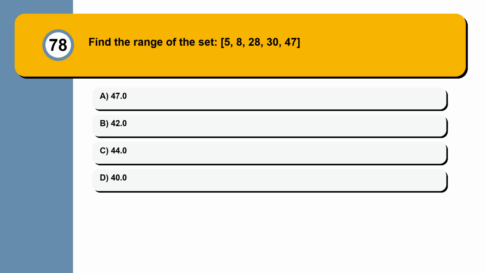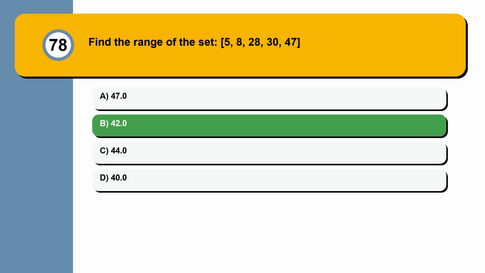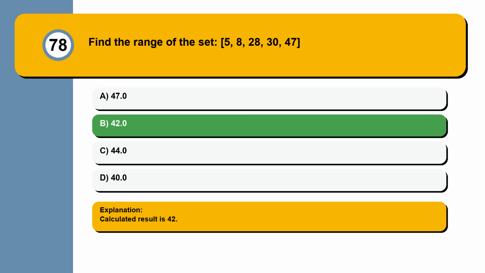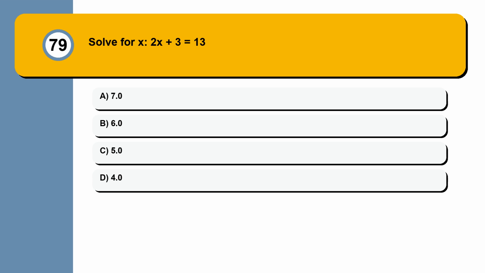Question 78. Find the range of the set 5, 8, 28, 30, 47. 47.0, 42.0, 44.0, 40.0. Calculated result is 42. Question 79. Solve for x. 2x plus 3 equals 13. 7.0, 6.0, 5.0, 4.0.